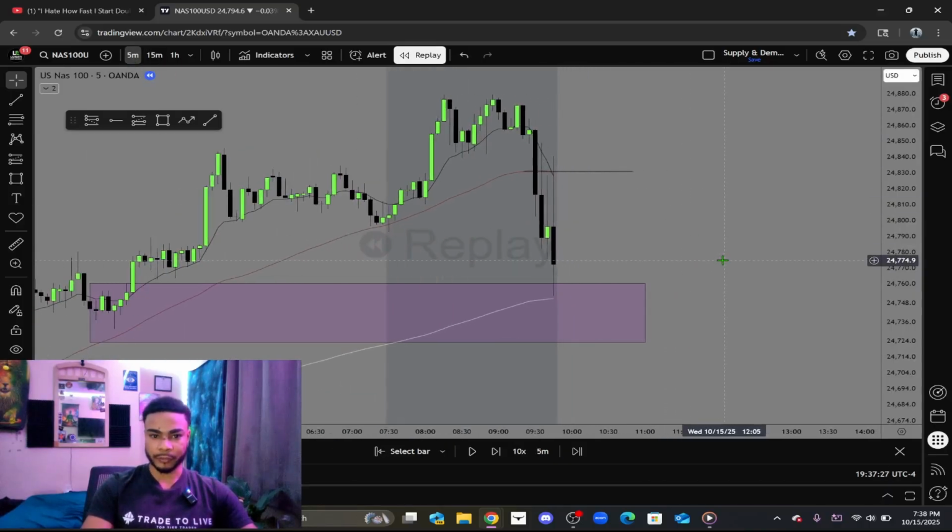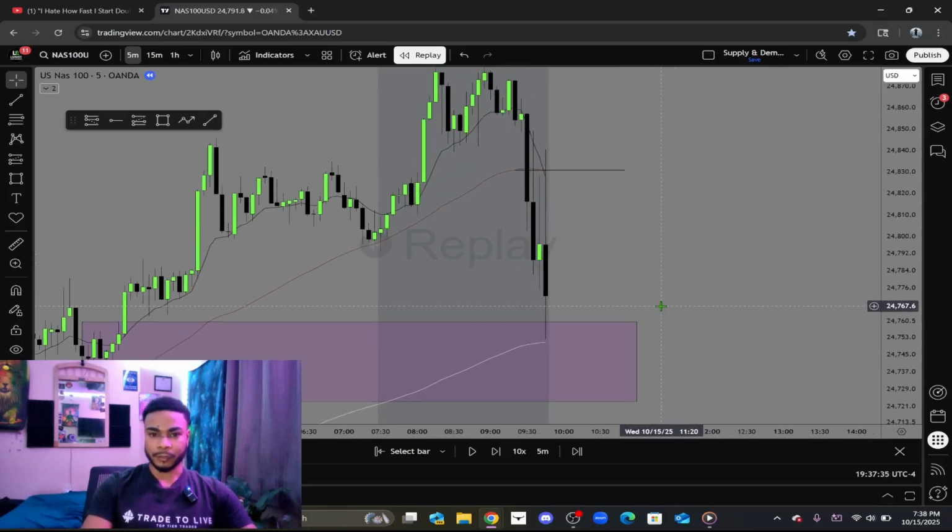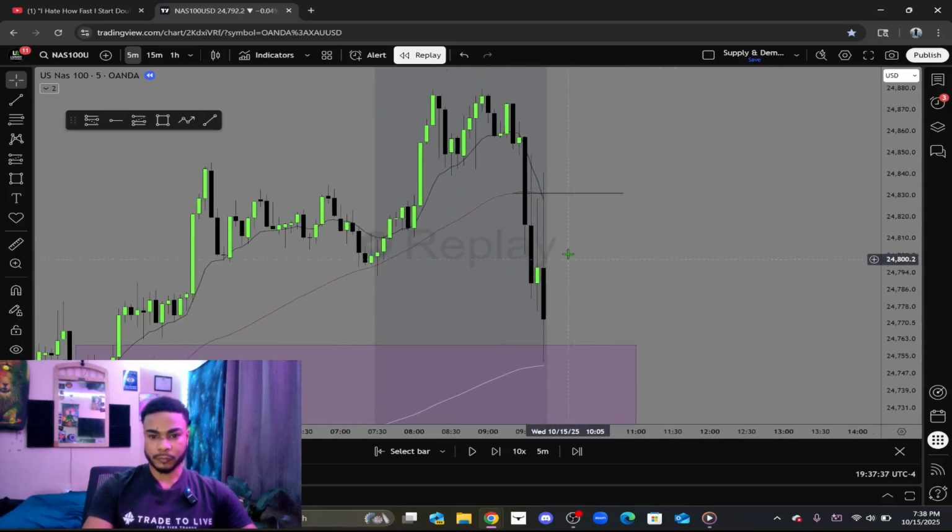So once I saw price come to this 15-minute demand zone, that's also shown on the 5-minute, I saw this candle right here. It went above this previous candle, and it went below this previous candle with a lot of momentum.